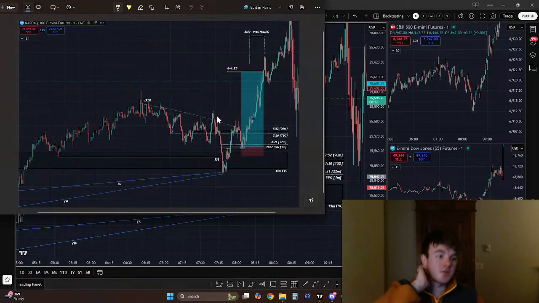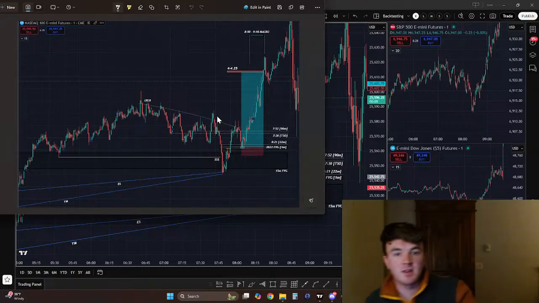So once again, that's where you take the 2022 model entry with a super tight stop loss.